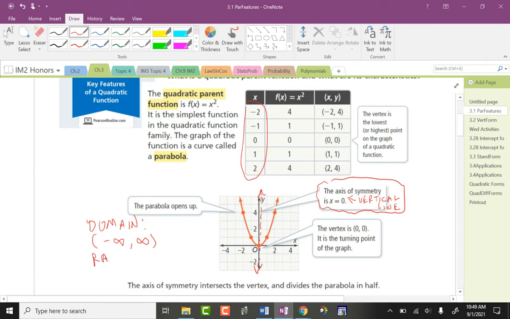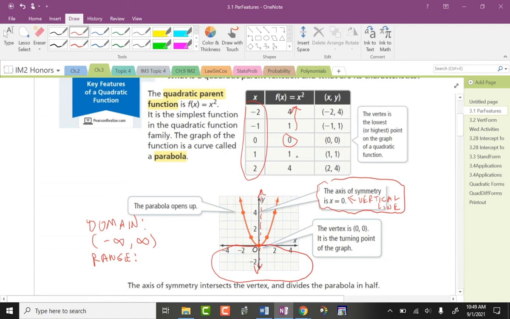The range, though, is different. If we look at this, and I know you can't see my picture anymore, so you can't see my actions in class, I'll circle that right there. That's a gap. There are no y values that exist in that picture down there. The y values on the chart really start at 0, and when I square a negative, they go up. Negative 2 squared is 4. Negative 3 squared is 9.